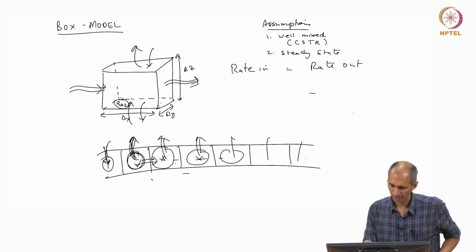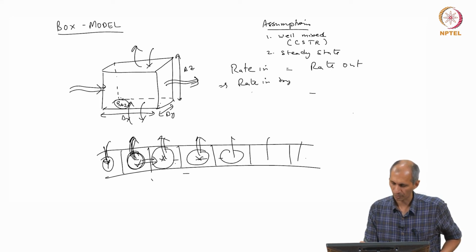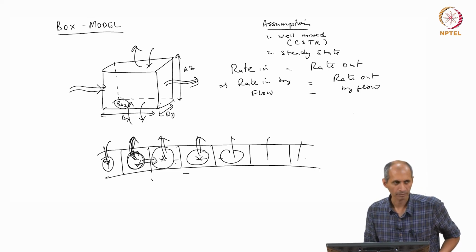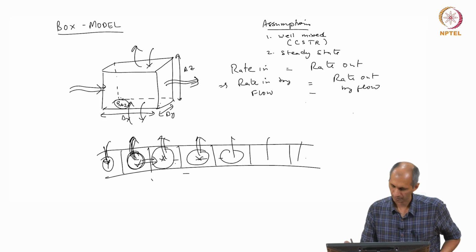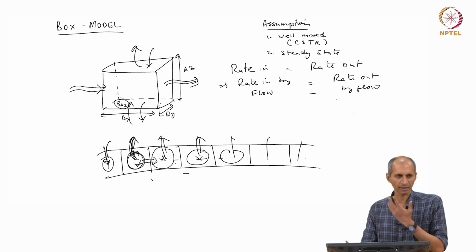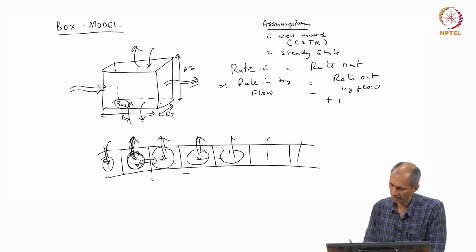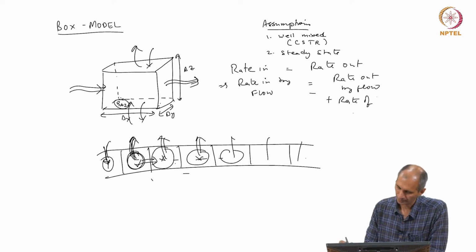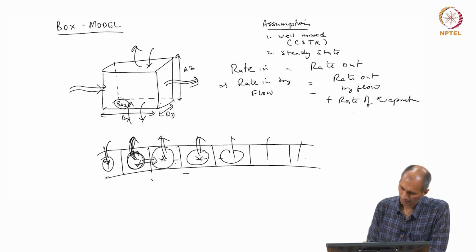So, here we will say rate in by flow equals rate out by flow and plus something else. Now, you can have rate of evaporation and we can call it here rate of generation.